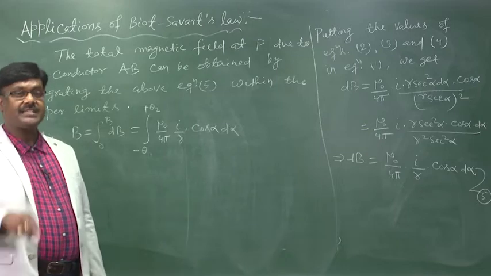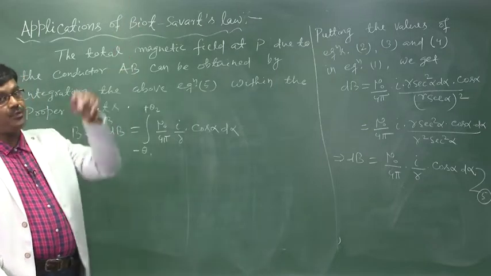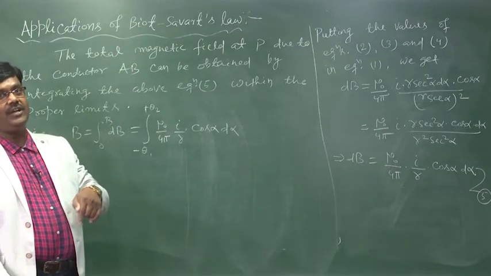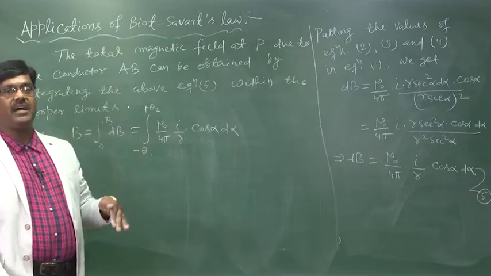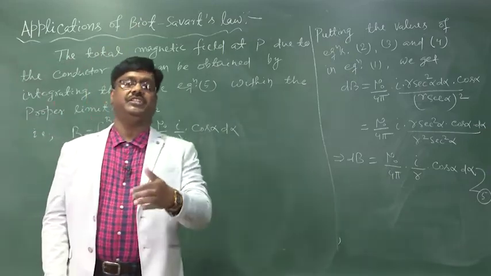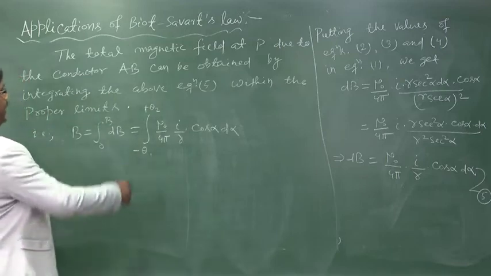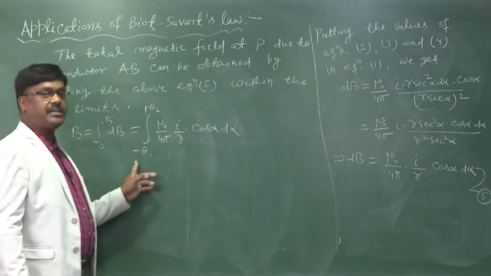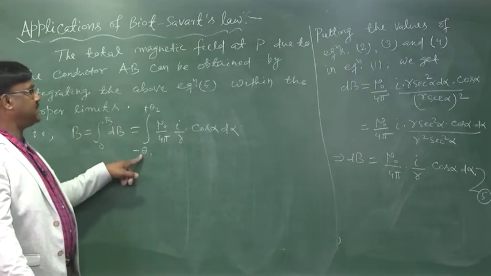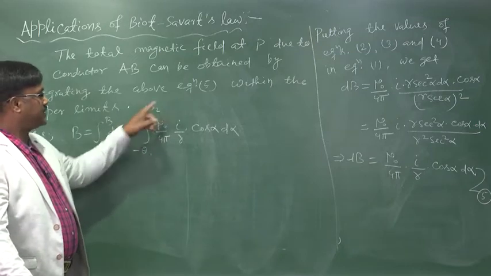But our integration is from A to B. So, that will be from minus θ1 to plus θ2. That is why I have taken here the limit of integration as minus θ1 to plus θ2.